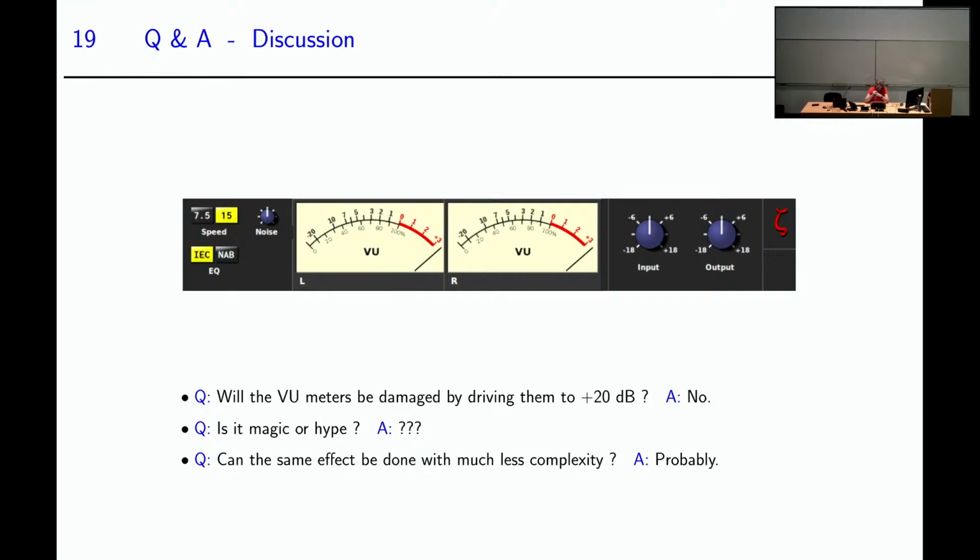So what's the point of using a very complex process to do something that should be simple? I leave this open, so if you have any opinions or questions, just ask. And yeah, the meters are protected. You cannot destroy them by having high-level signals.